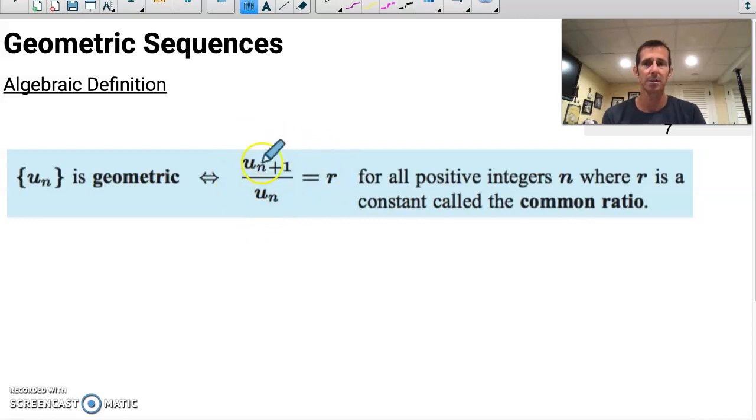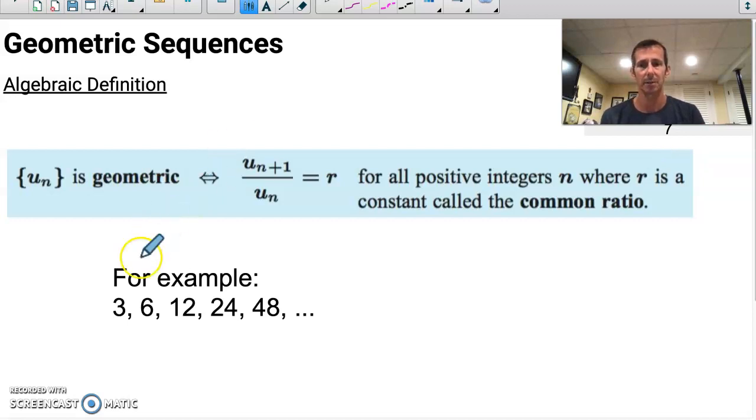For every pair of terms in the sequence, if you divide the latter one by the former one, you get the exact same value r, which we call the common ratio. Similar to arithmetic, where you had a common difference, now we have a common ratio.